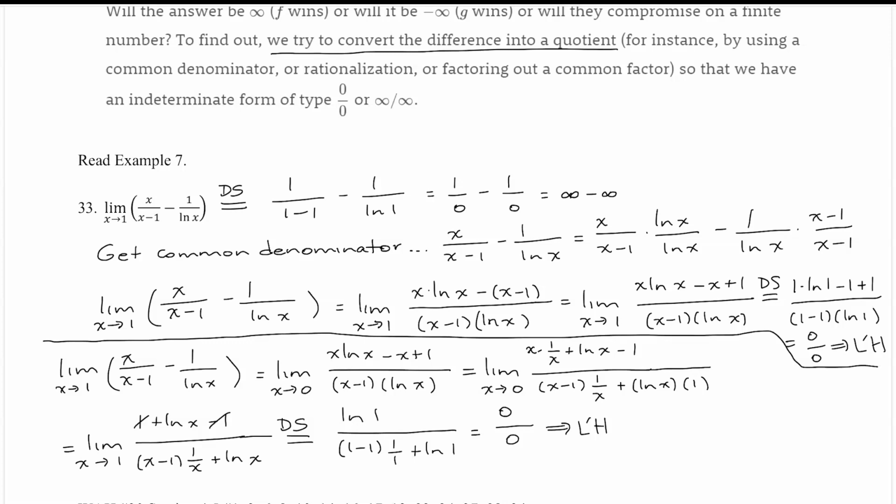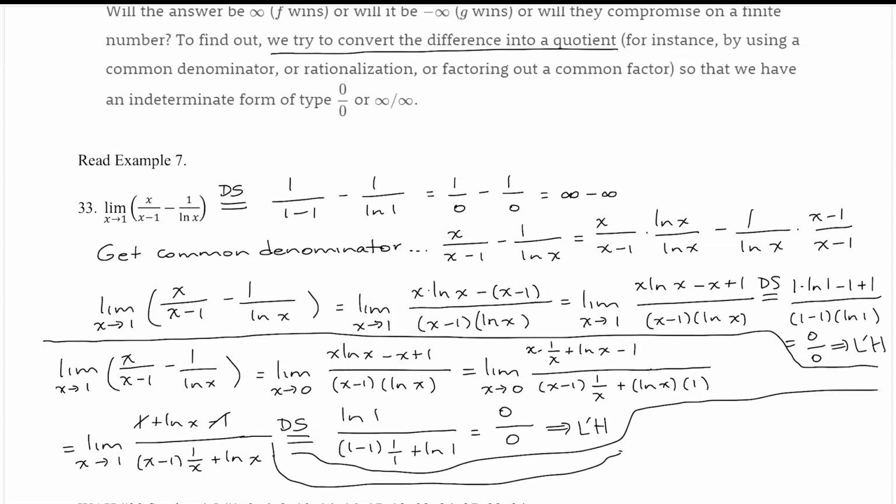Oh my gosh, look at this. I can use L'Hopital's rule again. I've got the indeterminate form a second time. So now I'm running out of space here, I'm going to go back to the last piece I had, and I'm going to take the limit as x approaches 1, and now I'm taking the derivative on the top and the bottom. Let me just delineate this out. I think I need to move over.